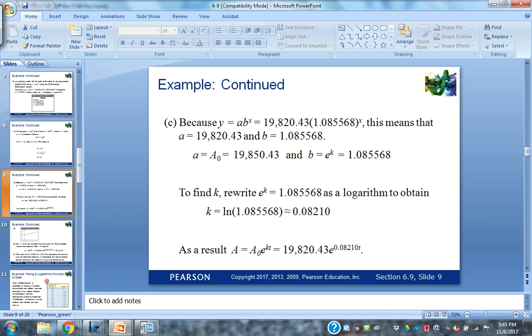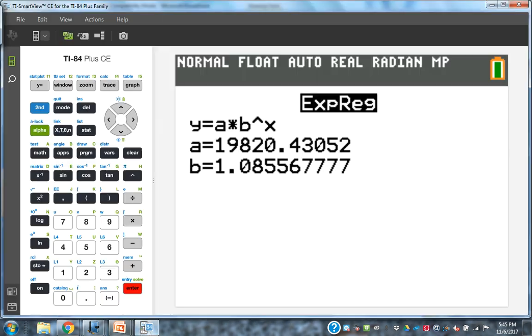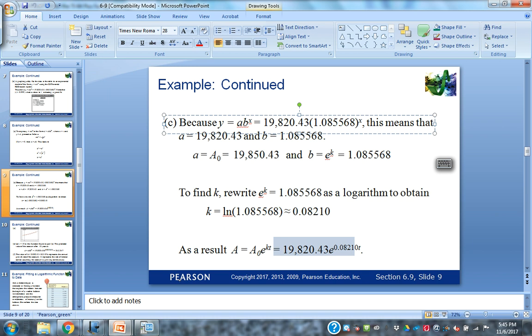Right there. That equation is the same one that we got in our calculator. Those same numbers. 19,820.43 cents. And well, they did 5 decimal places there instead of 4. That's okay. You'll see which ones to do based on the answers there.